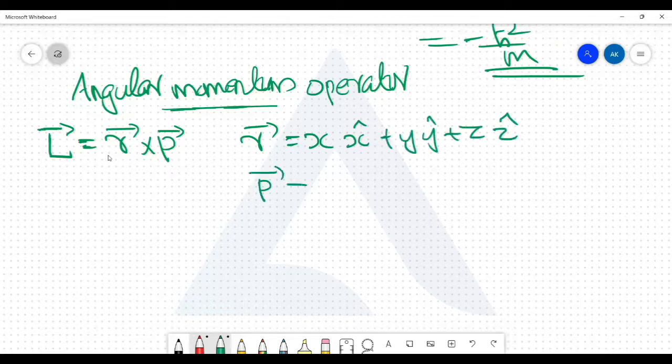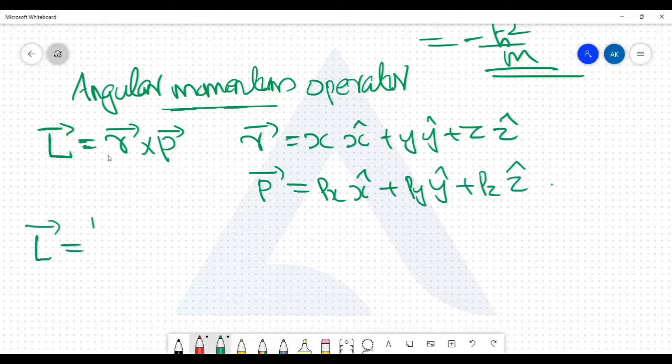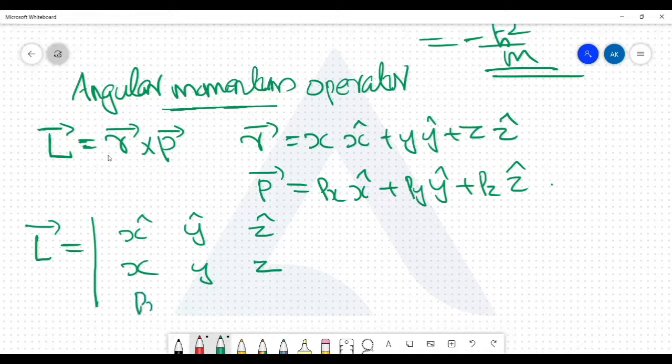What is your P equal to? px x-cap plus py y-cap plus pz z-cap. Then what is your L vector equal to? The determinant of x-cap, y-cap, z-cap; R is x, y, z; px, py, pz. This is the way you have to find your L.